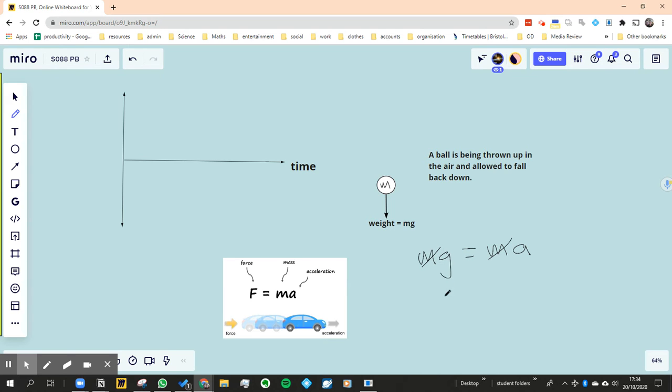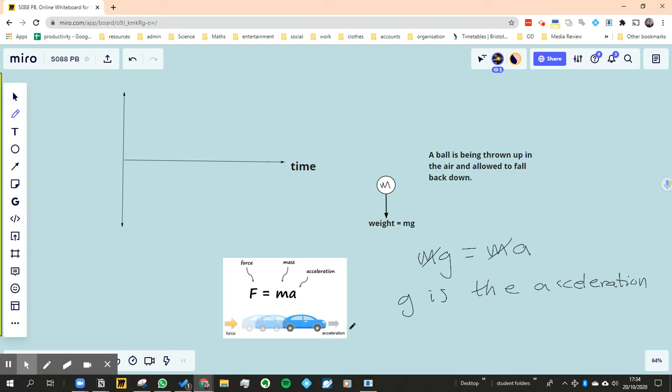So the m's cancel out. That means that g is the acceleration. So the acceleration is down, okay?